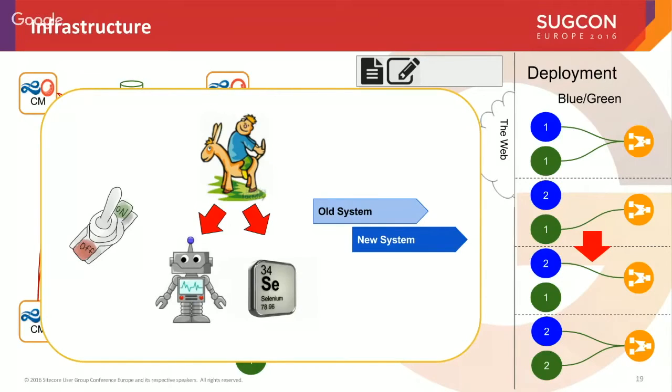The second option is regression testing or backwards compatibility. So this is going to take two phases. First off, we probably want to build up a set of integration tests.